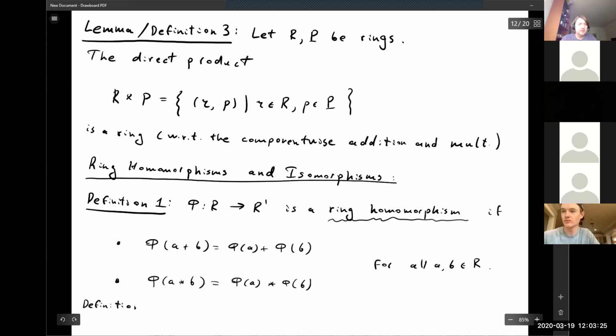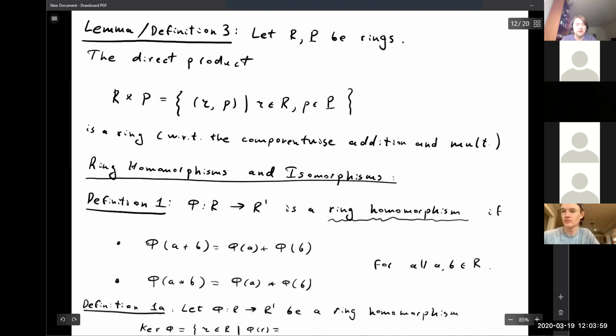Okay, so if we have a ring homomorphism, we can define the kernel of a ring homomorphism. Let phi from R to R prime be a ring homomorphism. Then the kernel of phi is precisely the collection of elements small r in R such that phi of r is actually 0 in R prime.